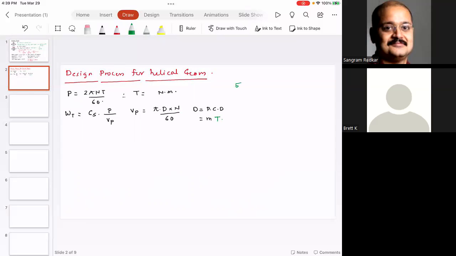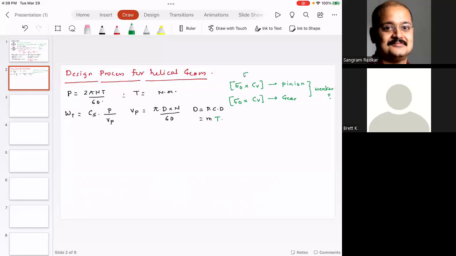So what you do is you multiply sigma naught by CV, which is the velocity factor, for the pinion, sigma naught by CV for the gear, and out of that find the weakest element.